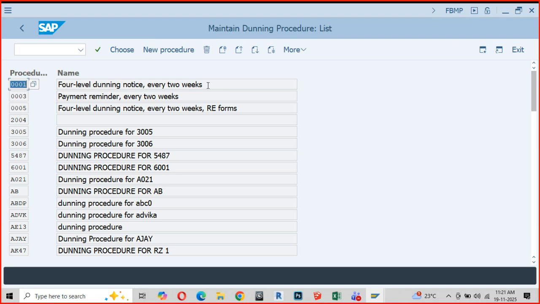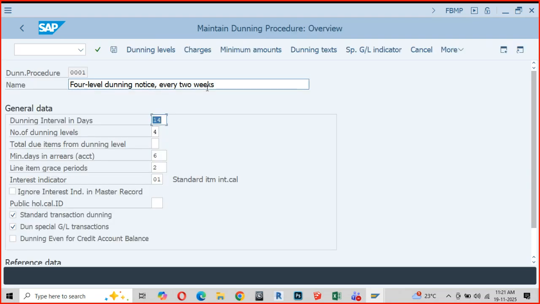If you double click, it takes you into the construction of the procedure itself. I will just briefly take you into this. So this is the nomenclature for this particular 0001. This is how we have named it: 4-level Dunning notice.